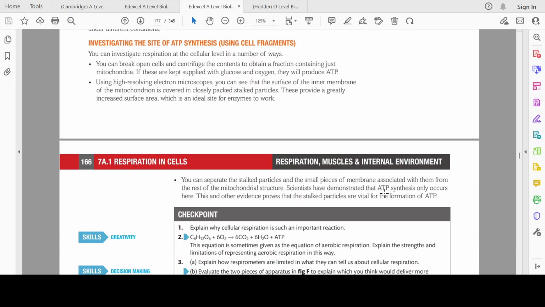Scientists have demonstrated that ATP synthesis only occurs here. This and other evidence proves that the stalked particles are vital for the formation of ATP. So, just two experimental procedures that were given about the rate of respiration and the site of ATP synthesis.